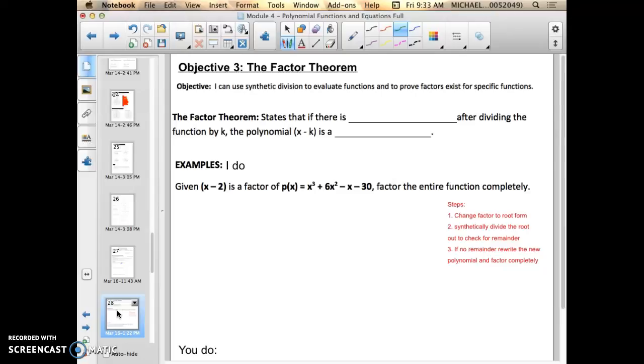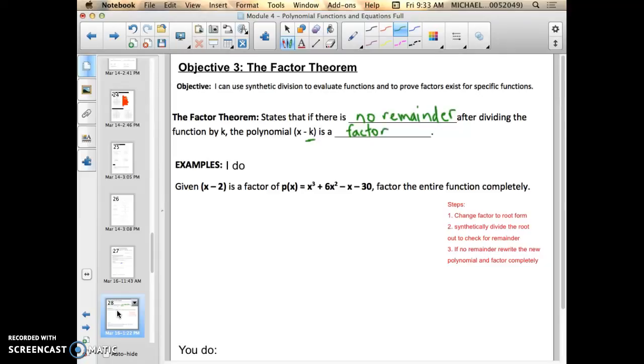The factor theorem goes hand in hand with the remainder theorem, and it states similar things. The factor theorem states specifically that if there is no remainder after dividing out the function by k, and notice the positioning of k, the polynomial x minus k is a factor.